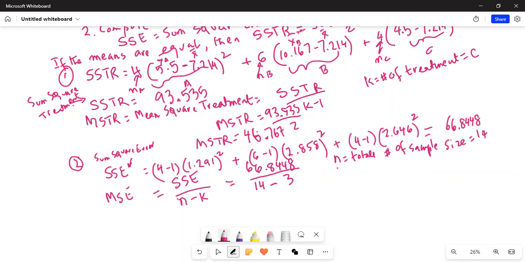K is of course the number of treatments.